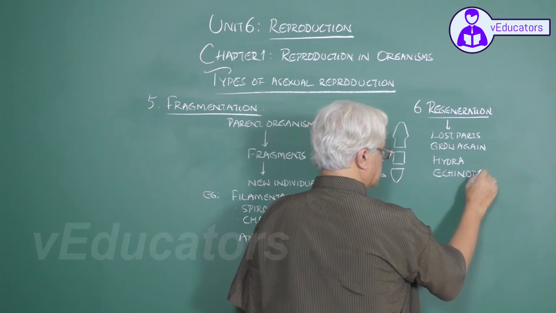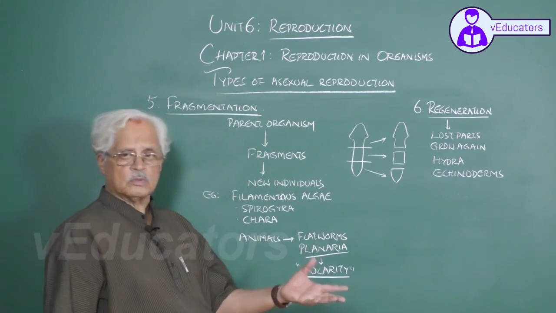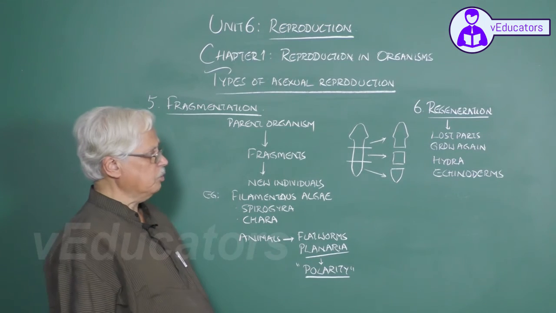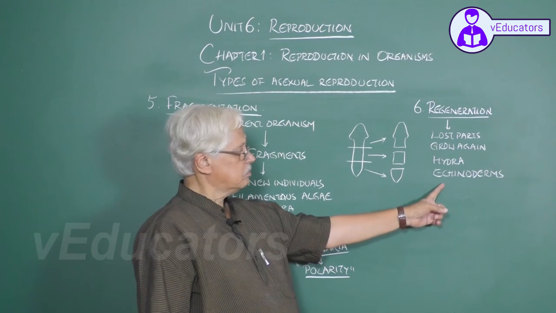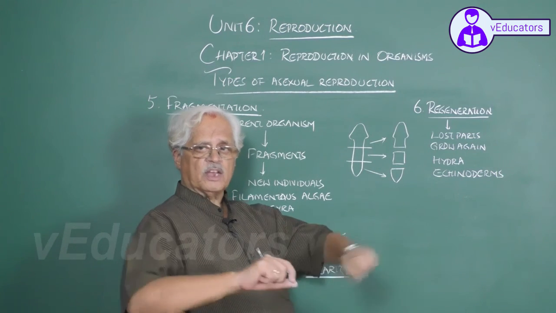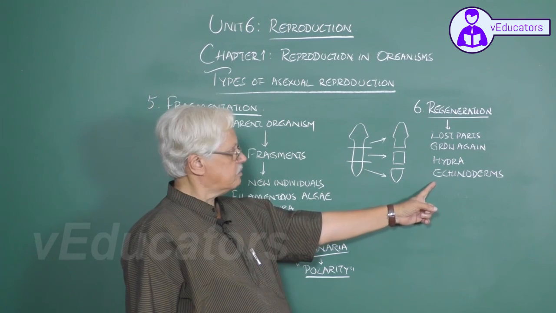In echinoderms, a starfish may lose one of its arms, and may grow a new one. And in brittle star, each arm may get separated and each arm may develop into a new individual.